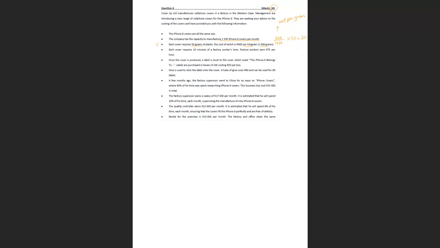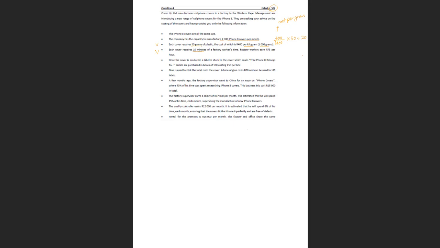Then the next one is each cover requires 10 minutes of a factory worker's time. This is your direct labor, and direct labor, remember, is variable in nature as well, because the more we produce, the more labor hours we'll need, or the more workers we'll need to employ. So each cover requires 10 minutes of a factory worker's time.